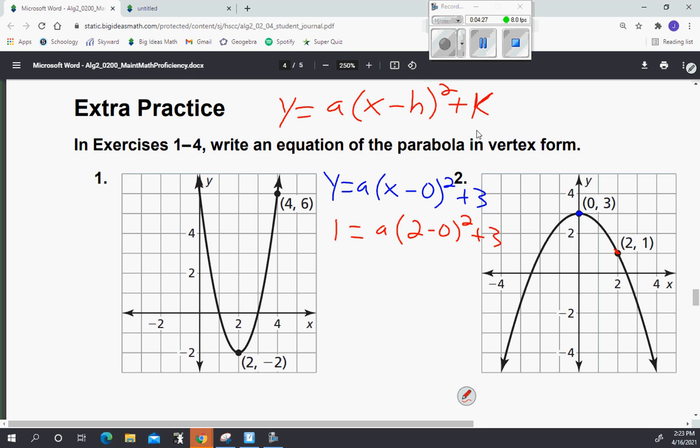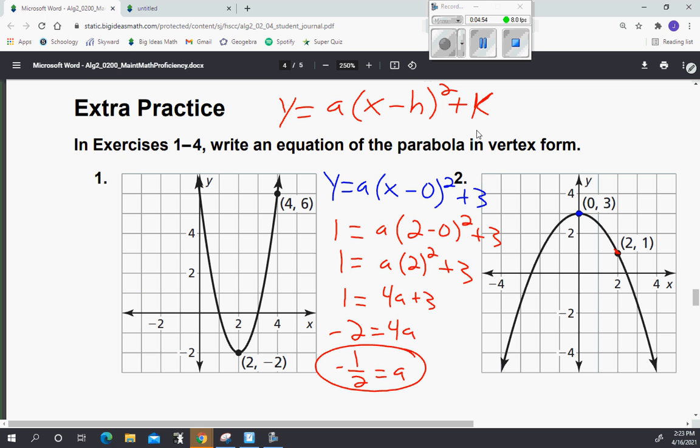And solve. 1 equals a times 2 squared plus 3. So we get 1 equals 4a plus 3. I'm going to subtract 3 from both sides, so I get negative 2 equals 4a. Divide by 4, I get negative 1/2 equals a.